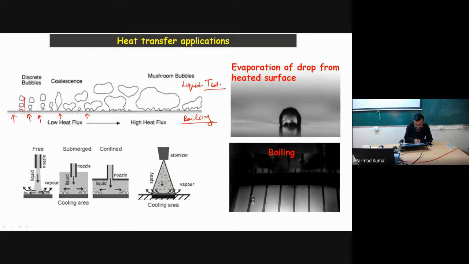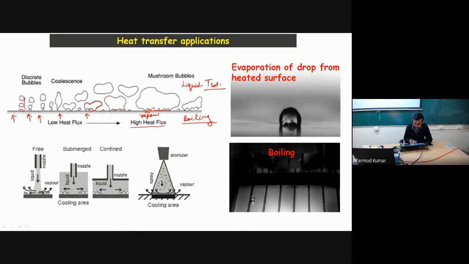However, if we increase the heat flux, then bubbling will be more frequent and these bubbles will coalesce with each other to form column-like structures. If we increase the heat flux further, the bubbles generated from multiple nucleation sites will coalesce in the horizontal direction and try to form a blanket of vapor.